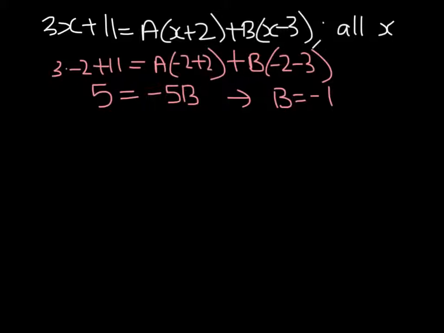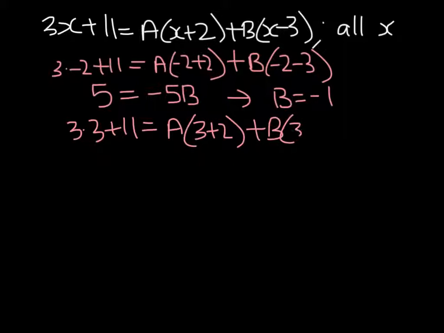Then we can plug in x equals 3, and so that'll give us 3 times 3 plus 11 equals a times 3 plus 2 plus b times 3 minus 3. So 9 plus 11, 20 equals 5a, meaning that a equals 4.